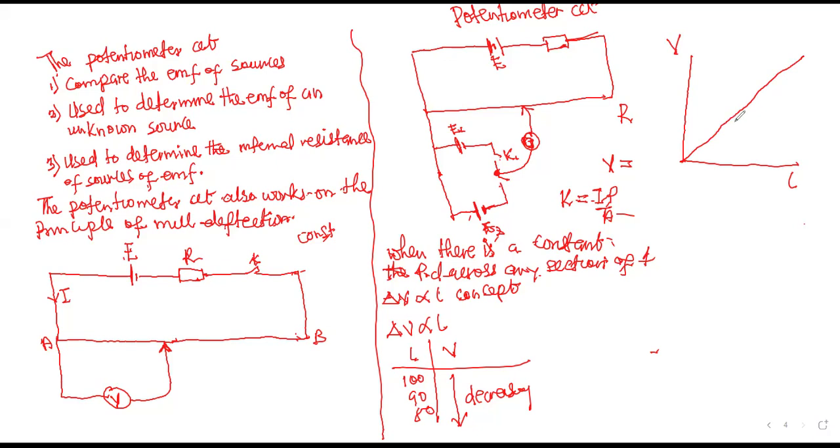When you find the slope of this graph, which is change in V over change in L, what do you think the slope of this graph will represent?